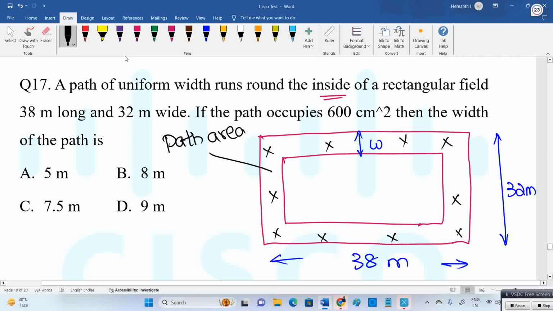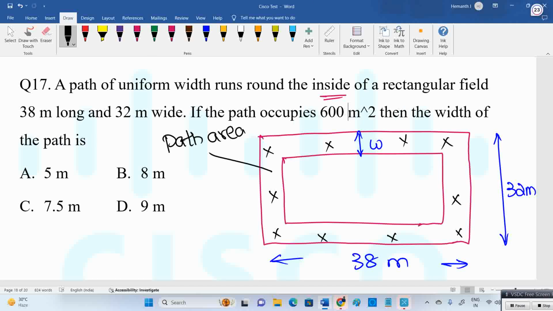We'll check that. Okay, but let's consider it's 600 centimeter square. We'll see. It's meter square clearly, not centimeters. With centimeters we will definitely get a wrong answer. It's meter square only, 600 meters square.